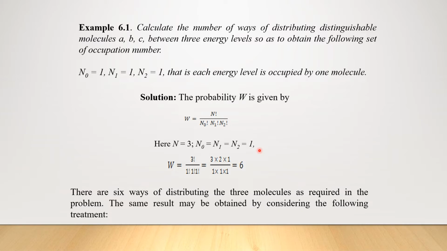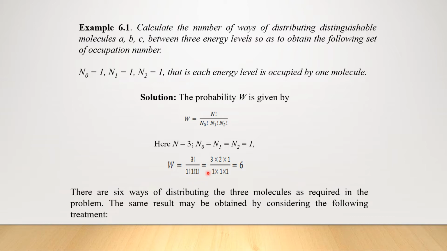That means each energy level should be occupied by one molecule. So substitute the value in the formula of probability. W is equal to the value of factorial N. N is 3. So 3 factorial divided by N0, N1 and N2 are all equal to 1. So 1 factorial into 1 factorial into 1 factorial.